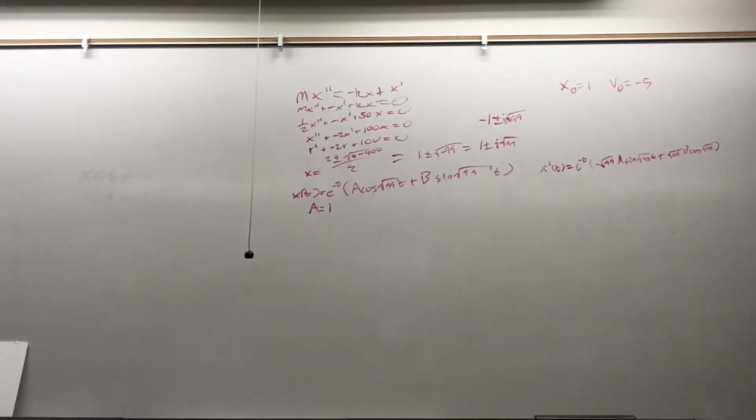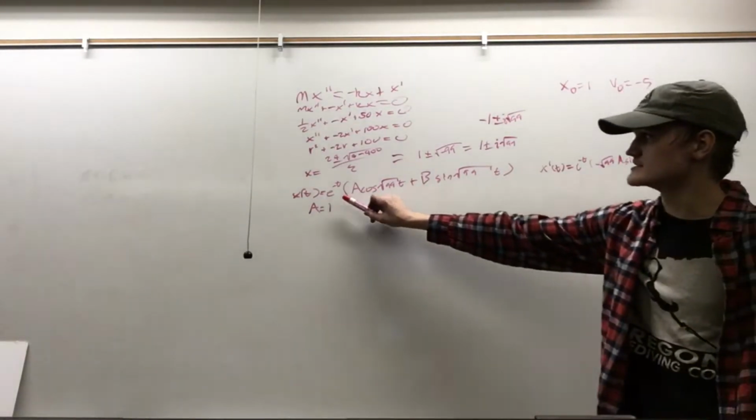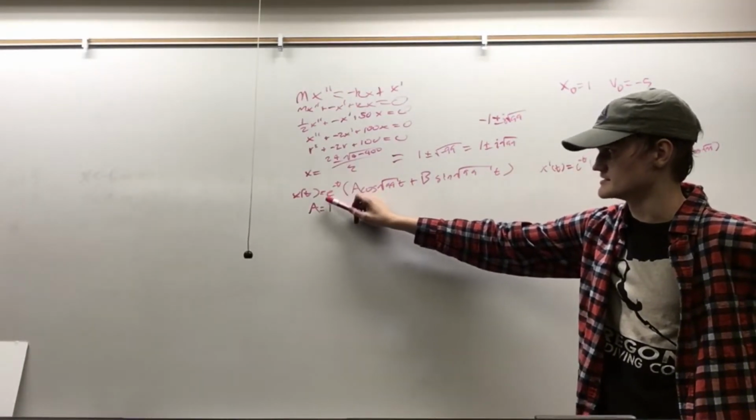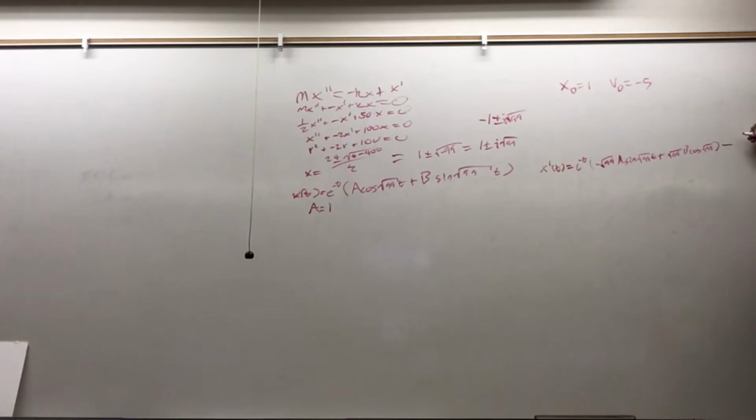Okay, so that's the first part. The second part is this times the derivative of that. The derivative of that is just negative e to the negative t. So we can just add minus x of t to the end.